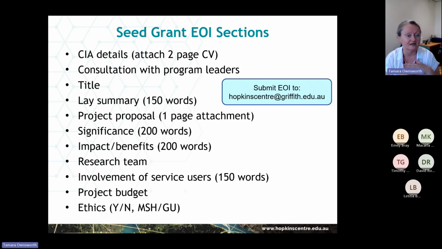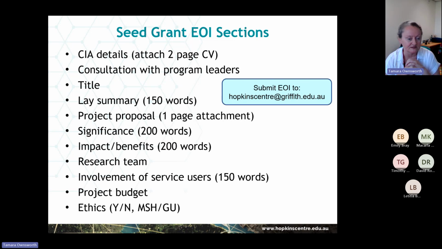We ask you to put the title, a lay summary, and a 1-page project proposal, that would really be looking at the background and rationale, the aims or hypotheses, the methods and procedures, the timeline, and also the expected outcomes. Then there's a small section on significance, impact and benefits, which might actually overlap with expected outcomes.